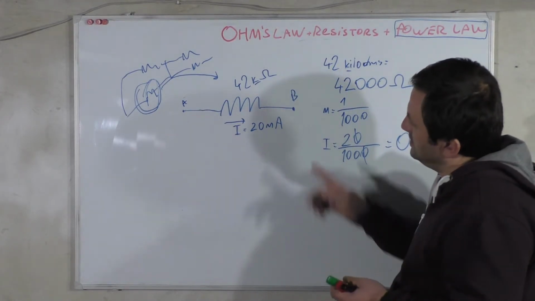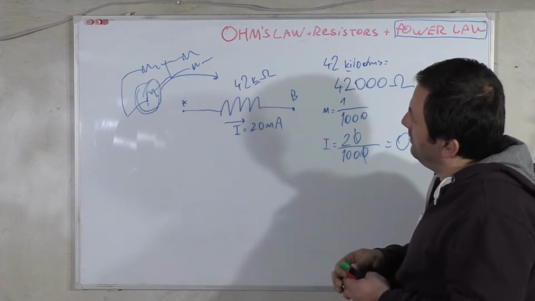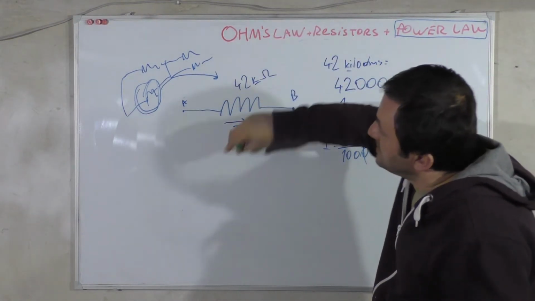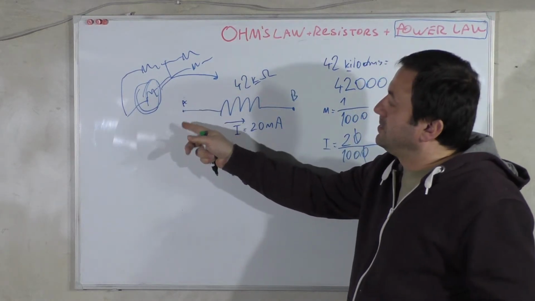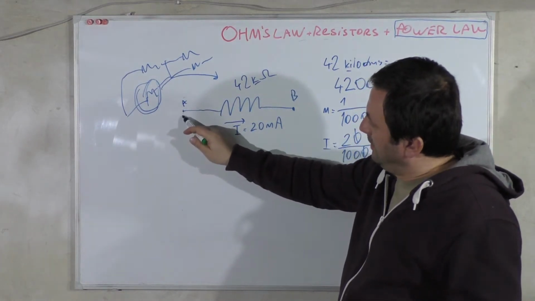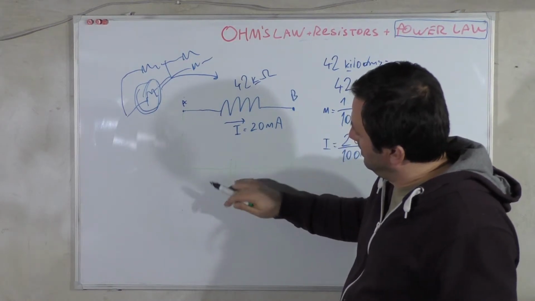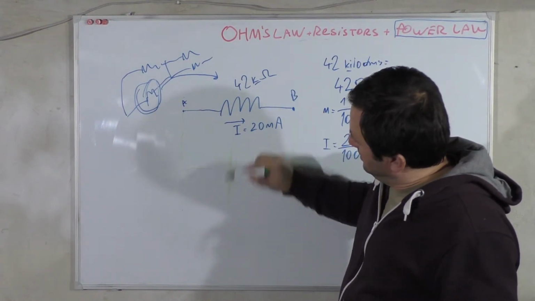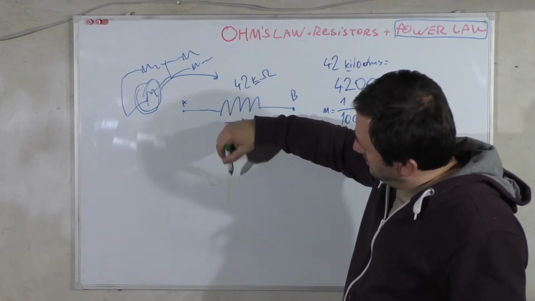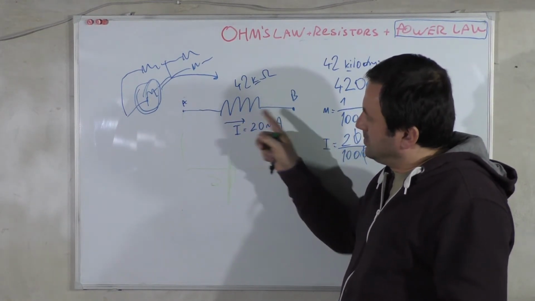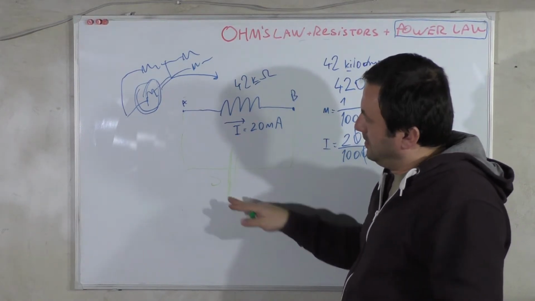They are asking us what the voltage drop is here. If it's a simple circuit, it can be the same as the supply voltage.